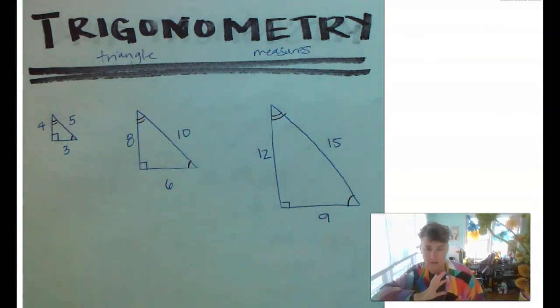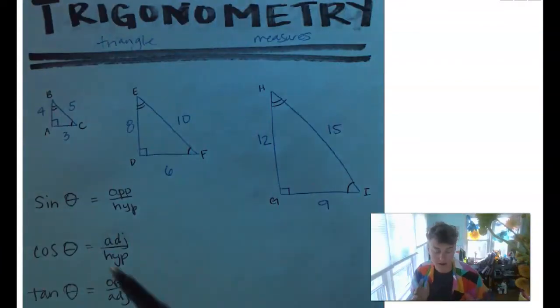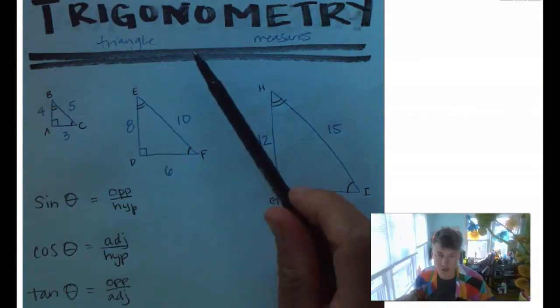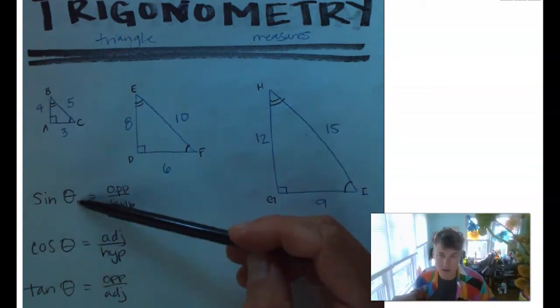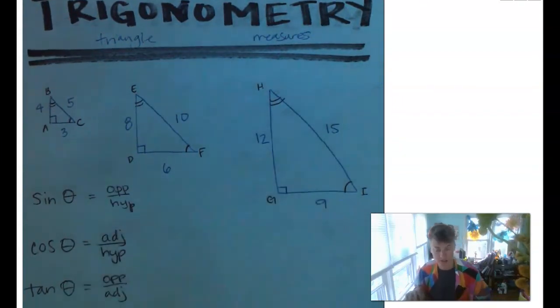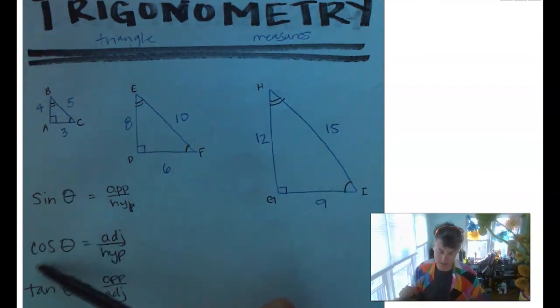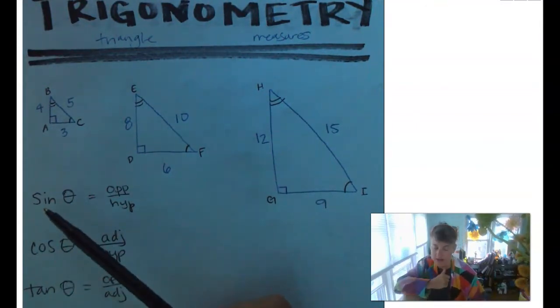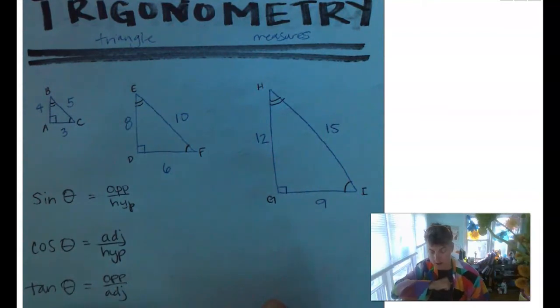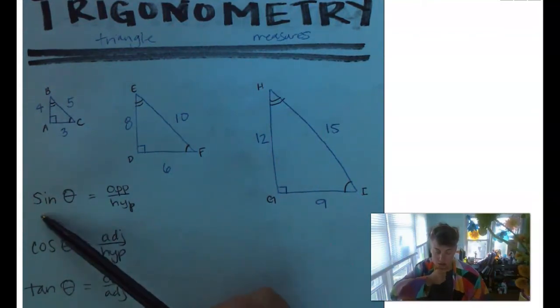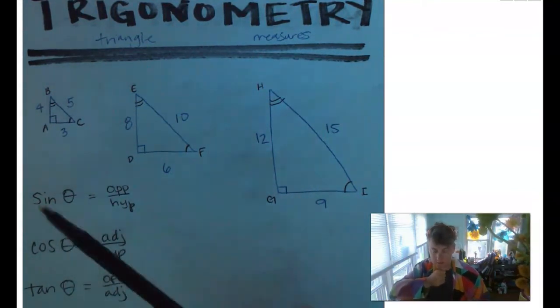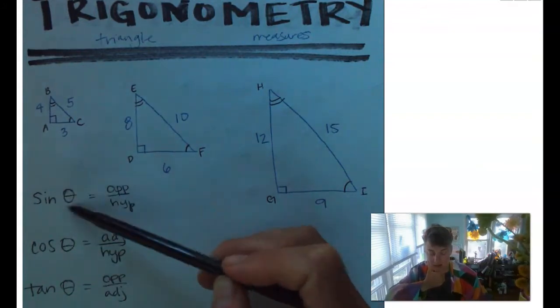Okay, what am I talking about? What I'm talking about are our trig ratios, sine, cosine, and tangent, abbreviated SIN, COS, and TAN. Sine, cosine, and tangent. Sine is the relationship of when you take an angle as a frame of reference.